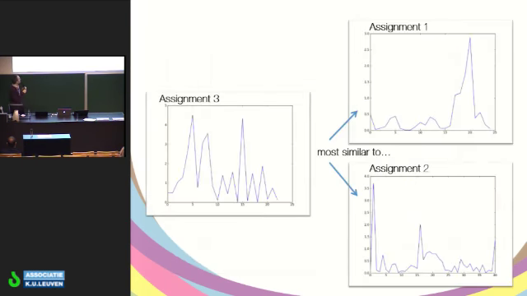And then we compare, for example, their final assignments with the first assignments to see if they're evolving over time. If the kind of waveform that we get in assignment 3, which is one of the last ones, is similar to assignment 1 or assignment 2, meaning the last one is the same kind of post as the first, it means that they didn't learn much.